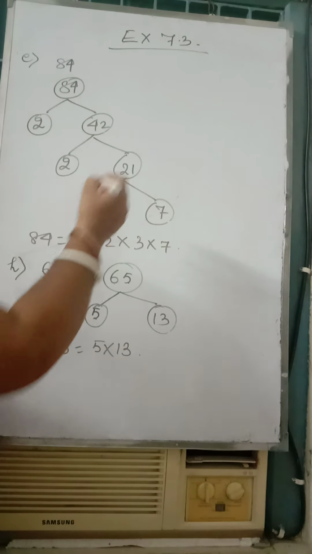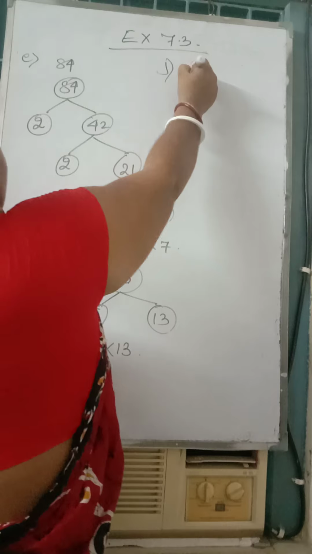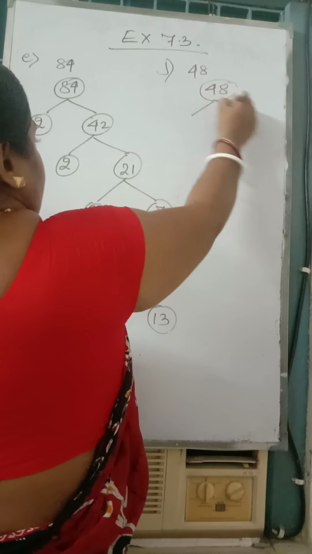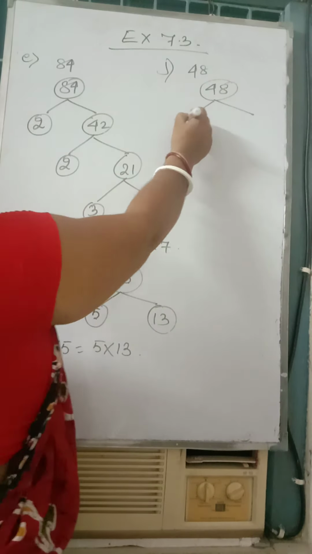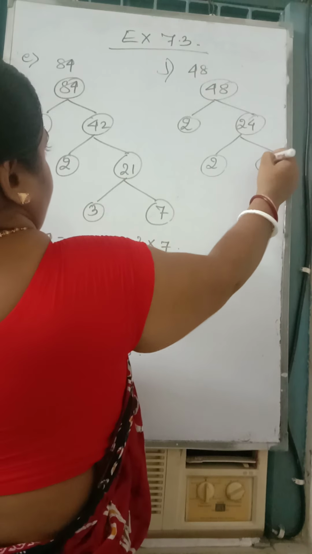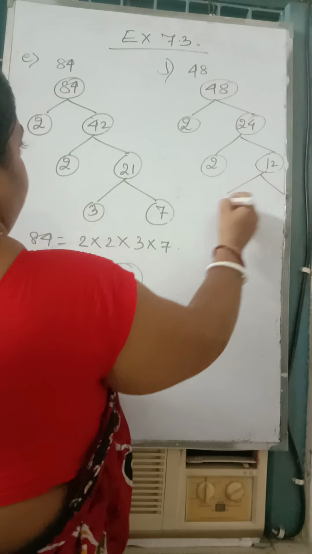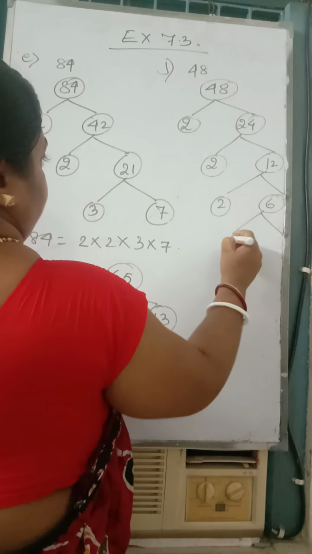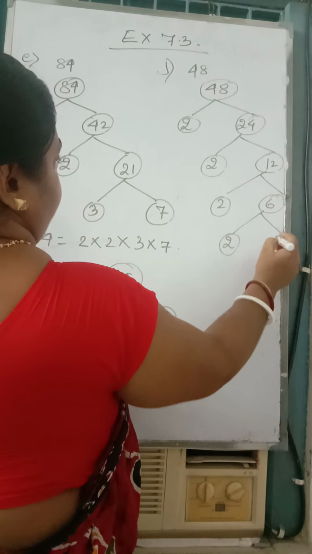Look at number J. It is given 48. So we'll write 48. It is divisible by 2, 24. Further it is divisible by 2, 12. 2, 6. 2, 3.